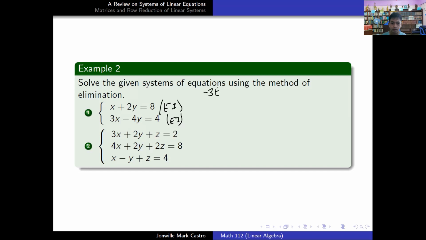So, we multiply negative 3 to E1 and we substitute that to E sub 1. So, yung system na natin, so yung baba, same pa rin. Yung taas, mag-multiply tayo ng negative 3. So, we have negative 3x minus 6y equals negative 24. Okay?